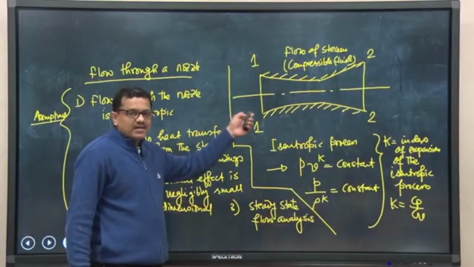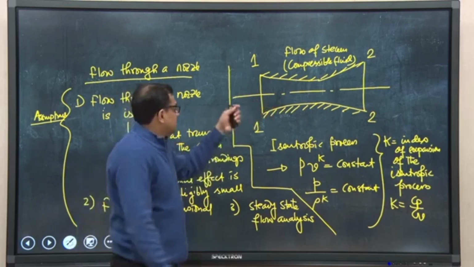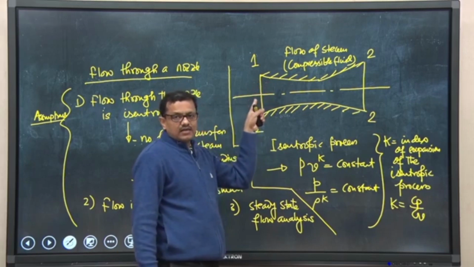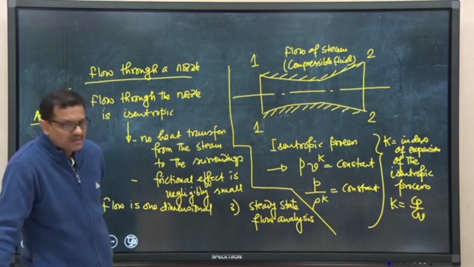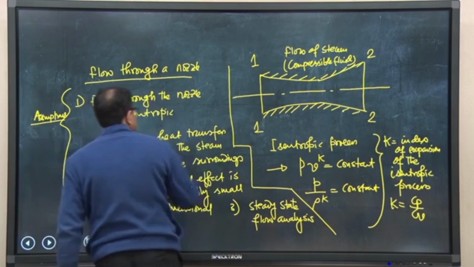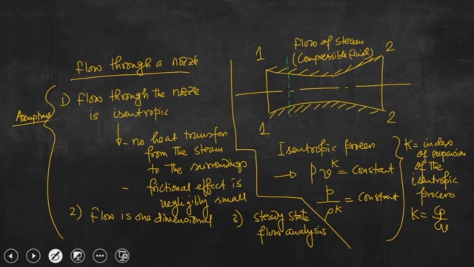So, pertaining to this configuration, considering a certain cross section in the duct, and assuming that the area of the cross section is A, which is normal to the flow direction. So, we have assumed that is the cross section, right.